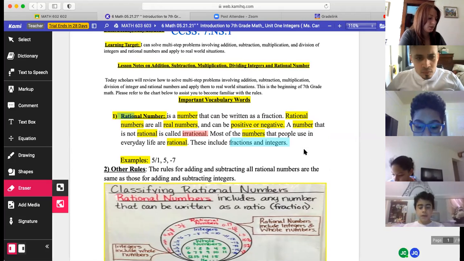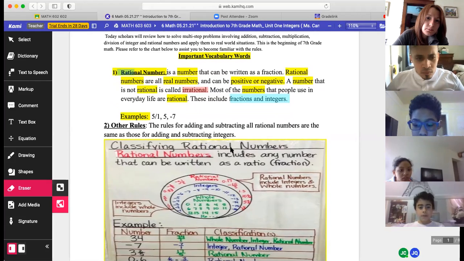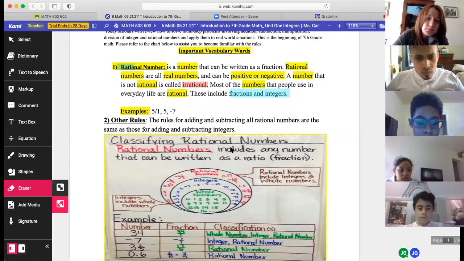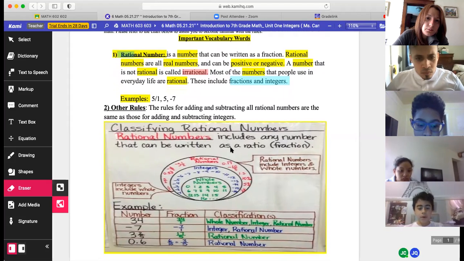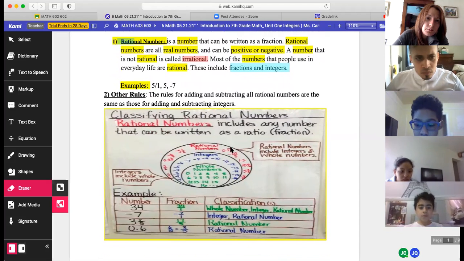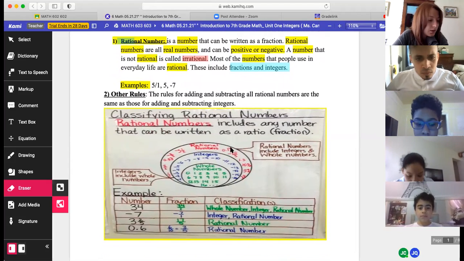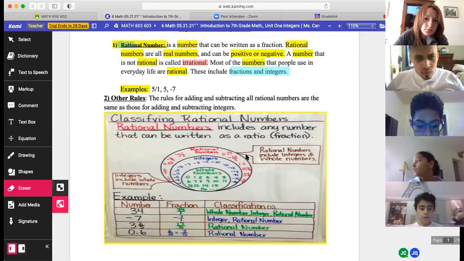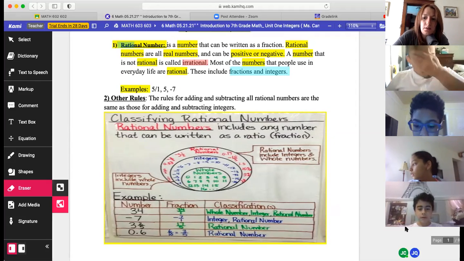This is the beginning of 7th grade math. Please refer to the chart below to assist you to become familiar with the rules. Important vocabulary words. Number 1, a rational number is a number that can be written as a fraction. Rational numbers are all real numbers and can be positive or negative.